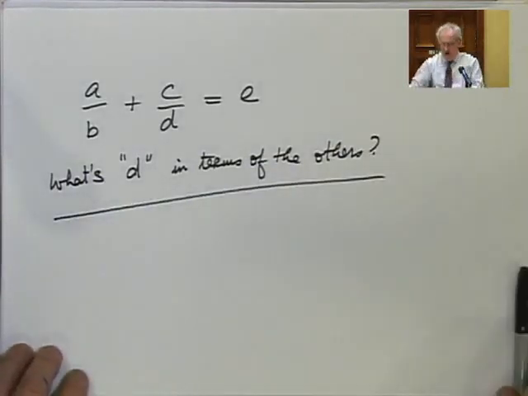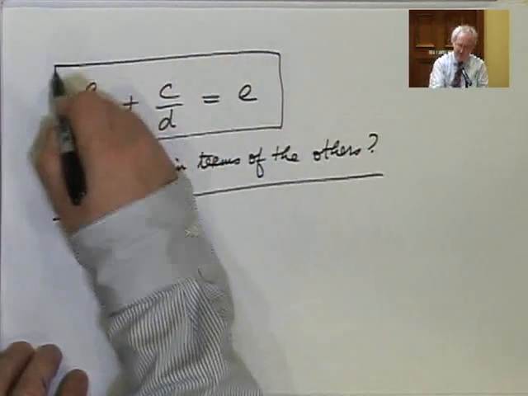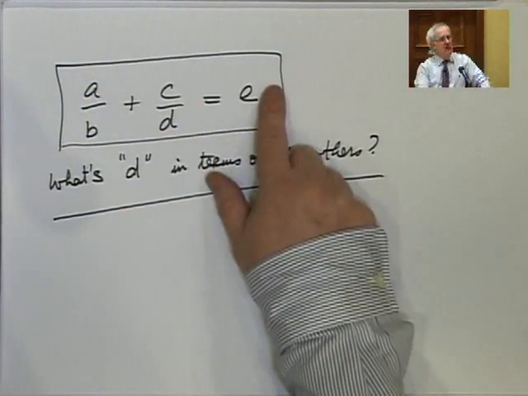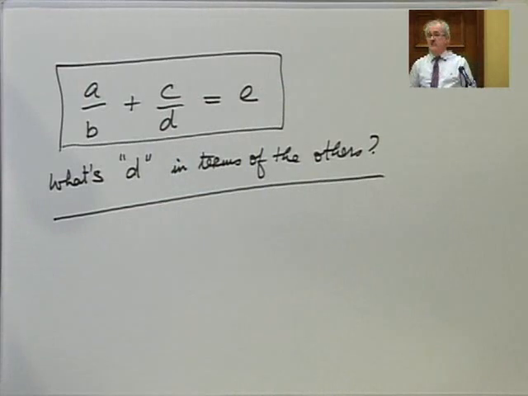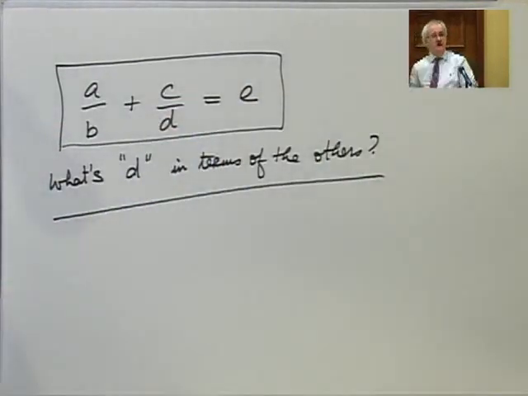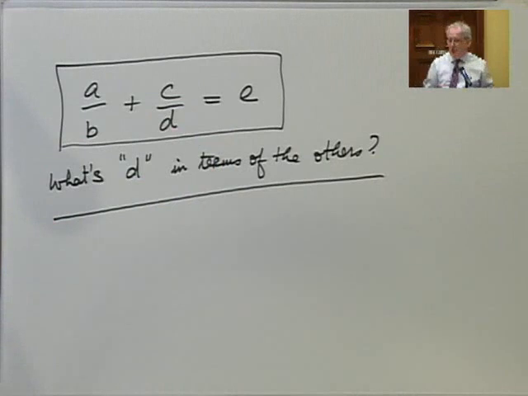So imagine if somebody said, there's an equation: A over B plus C over D is E. And I just want D to be on the left-hand side on its own. So will you give that a go? Anything you don't like, get rid of it. Put it on the other side. If it's a multiplication, divide it. If it's a divisor, multiply it. Just give that a go for a minute or two.